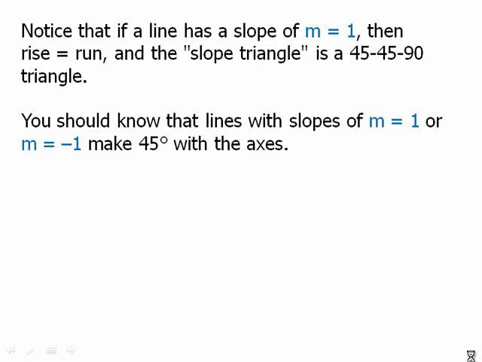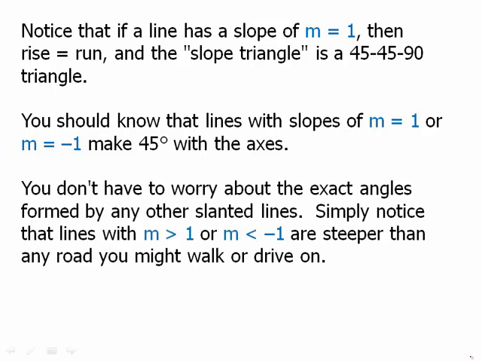That's really important. You don't have to worry about the exact angles formed by any other slanted line. Simply notice that if the slope is greater than +1 or less than -1, then you're going to have an angle greater than 45 degrees. And of course, that's going to be steeper than any road that you typically would walk on or drive on.